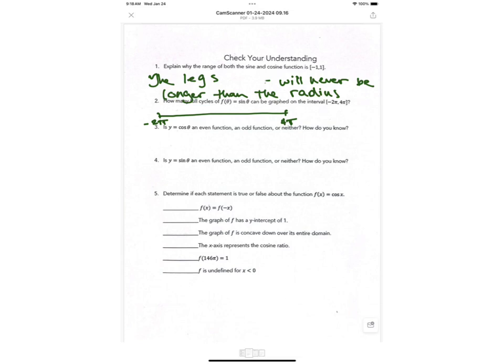It takes 2 pi to get from start to finish. If I go from 0 to 2 pi, that's 1 cycle. If I go from 2 pi to 4 pi, that's another cycle. If I go from 0 back to -2 pi, that's another cycle. So how many cycles? 3 cycles. Very good.